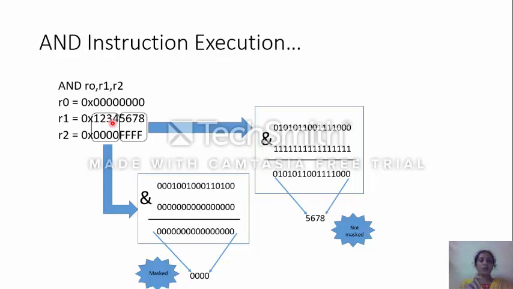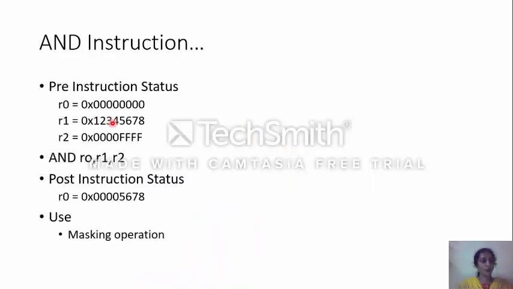You just have to AND that particular part with 0 and keep all remaining bits 1, so that the remaining number will be preserved. In that way, you can use the AND instruction for masking operation. You can see here it is used for masking operation.